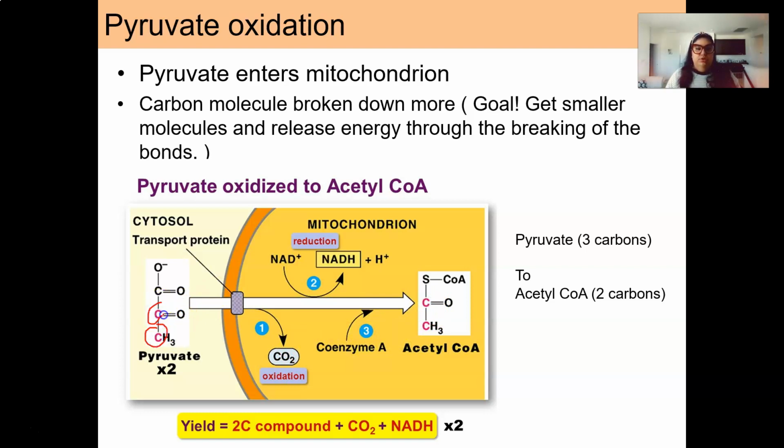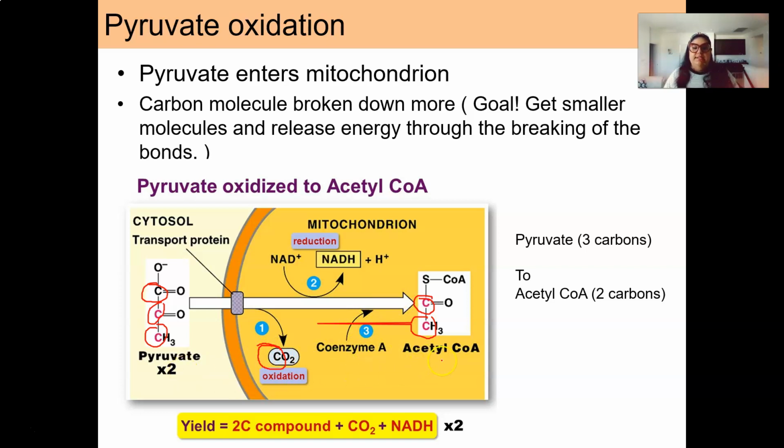1, 2, 3. Let's first follow the carbons. We see 1 carbon here. We breathe out some CO2 from this reaction. And then we get acetyl-CoA, 1, 2. So there's our 3 carbons. And this happens twice, right?